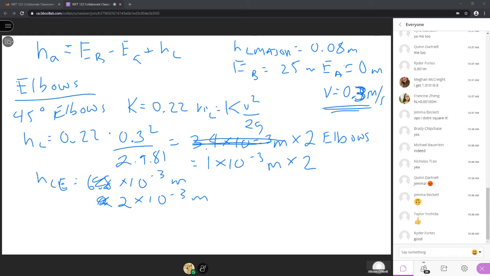All right, so now we've got the head losses for our elbow. And then the next thing we need to do is take a look at what our head losses are for our pipe, where the water flows into our pipe. So what kind of pipe shape do we have for that one?